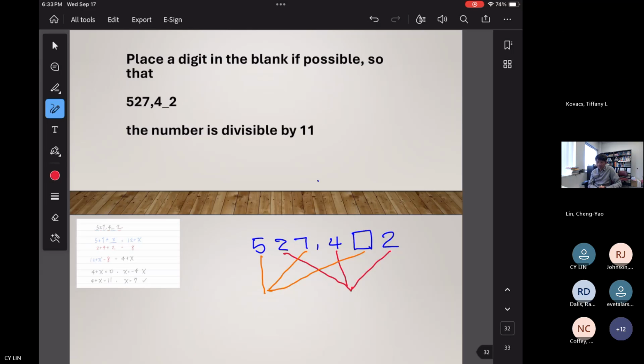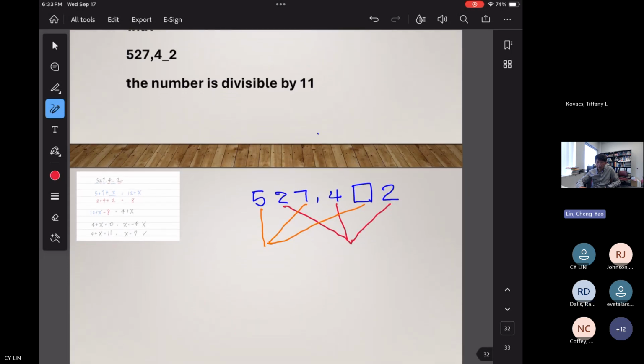Let's stop. 6, 7, 8. All right, let's check your answer on the board here.